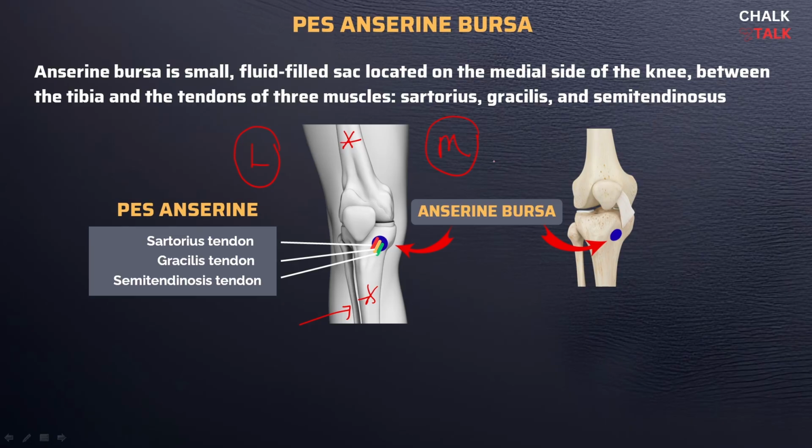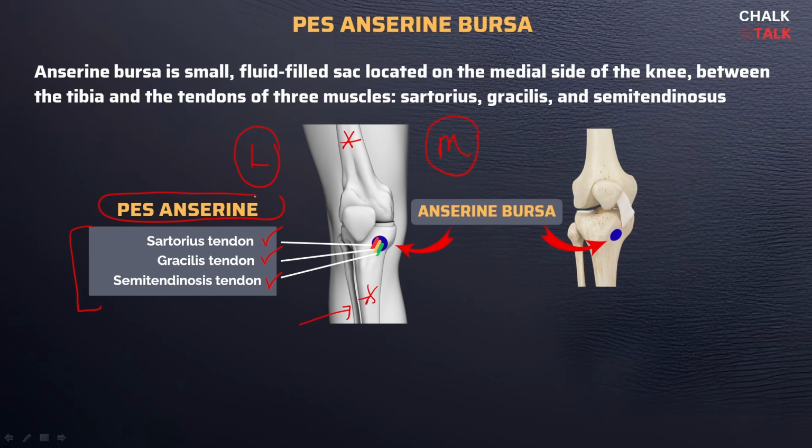Medial knee pain. So this bursa sits right between the upper part of the tibia and the combined tendons of three important muscles, which I have depicted right here. That is the sartorius tendon, the gracilis, and the semitendinosus. These three tendons together are what we refer to as the pes anserinus.